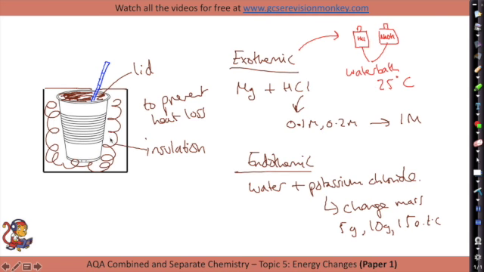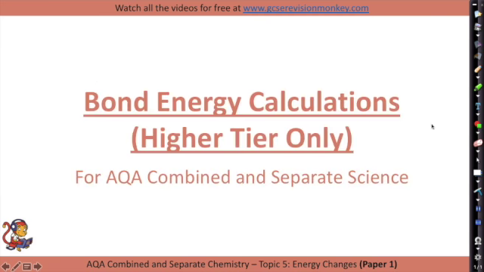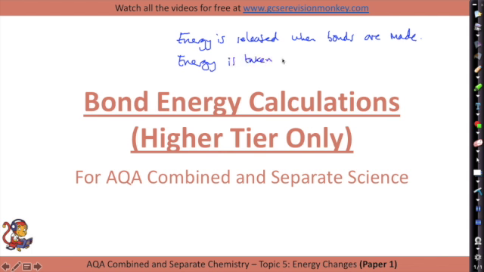Bond energy calculations are for higher tier only, and what you need to remember for these calculations is that energy is released when bonds are made, and energy is needed or taken in when bonds are broken.